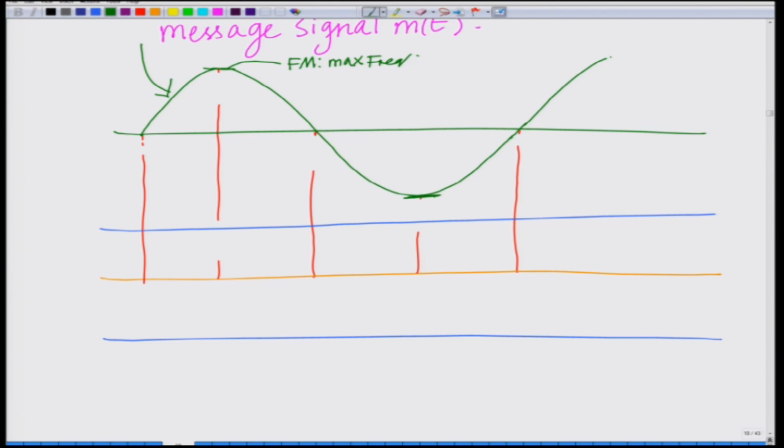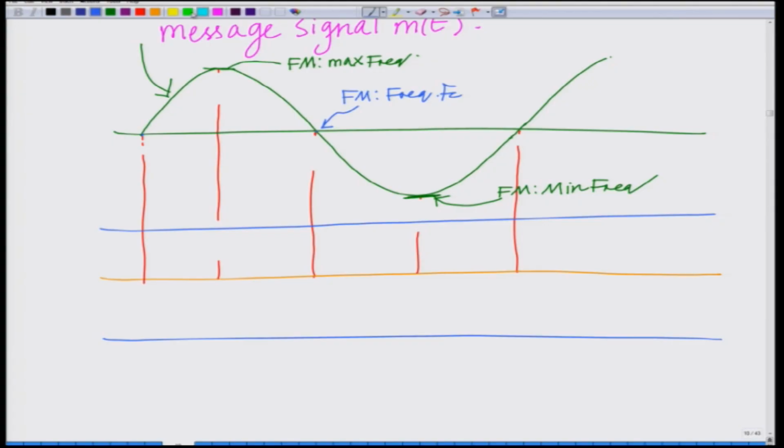The lowest part of the function will be the minimum frequency. And here, let us say we have a carrier at this part, where the message is 0. So, for FM at this part the frequency will be simply the frequency of the carrier, because the message signal is 0 at the 0 crossing, so the instantaneous frequency will be simply the frequency of the unmodulated carrier, that is Fc.